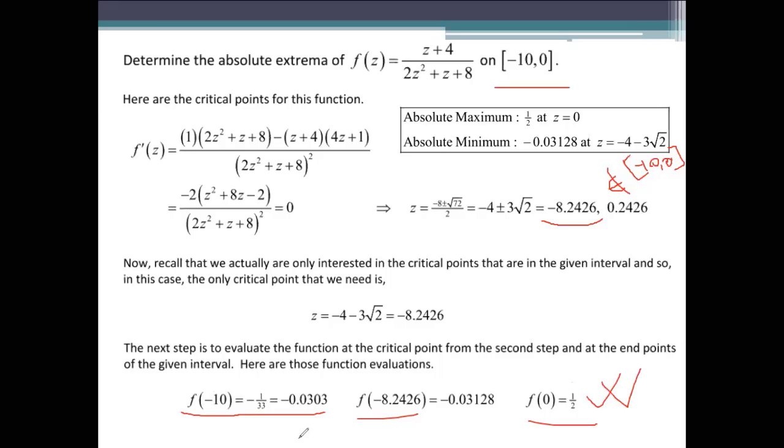The least value is this one, and we need the numerical value of this function at this point, so we can take the approximate value. So it is the least value, so this is the absolute minimum, and we have the absolute maximum, which is 1 over 2.